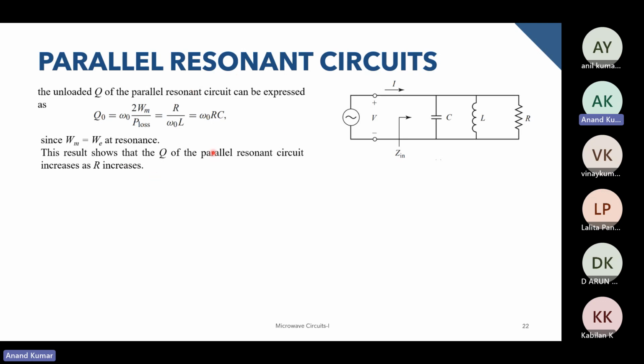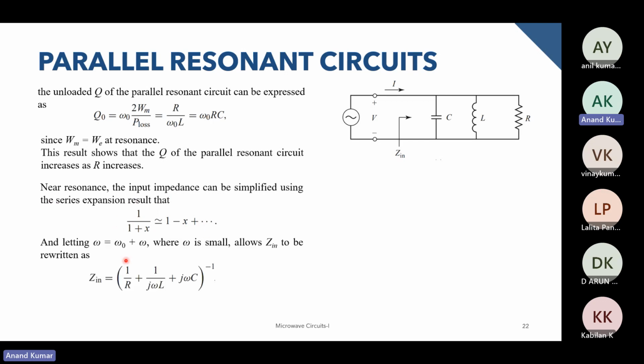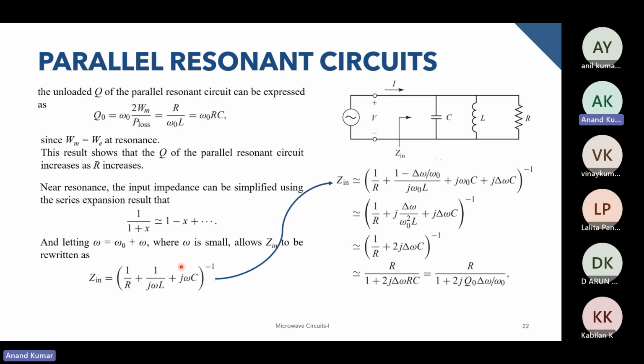So just the opposite effect over here. And now near the resonance, the input impedance can be simplified using this particular expression over here. So let me just put this over here. Yeah, so we have the input impedance looking like this, right?